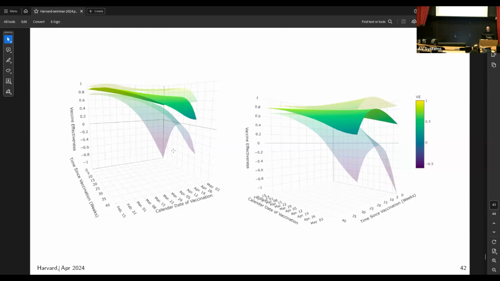Is this like a hazard ratio or something? No, it's one minus a cumulative risk ratio. So basically our premise was, okay, I'd like to know if the vaccine is waning. And I mean that both in calendar time and time since vaccination.